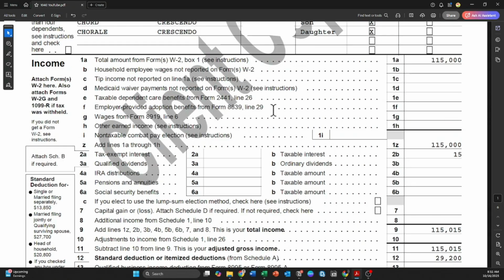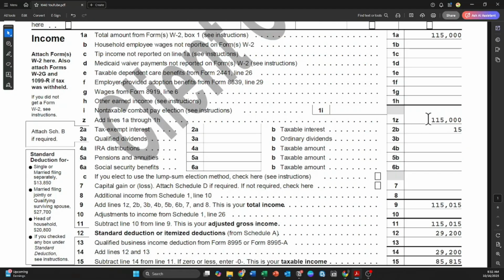So let's get right into this income. We can see as a family, assuming between the wife and him, they earned $115,000 in W-2 wages. The rest of these lines right here are also related to W-2s, but they won't apply for most people.